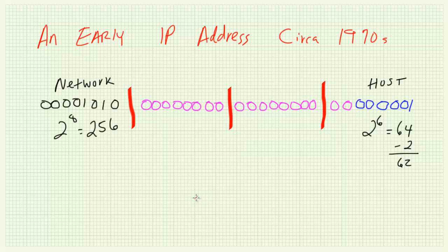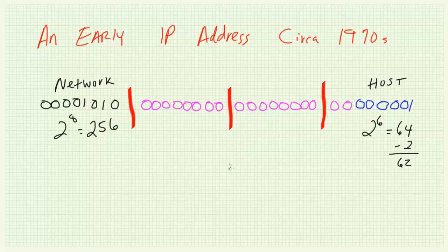This led to the establishment of address classes, or classful addressing, that allowed for the boundary between the network and the host to be placed either here between the 4th octet and the 3rd octet, or here between the 3rd octet and the 2nd octet, or here between the 2nd octet and the 1st octet.